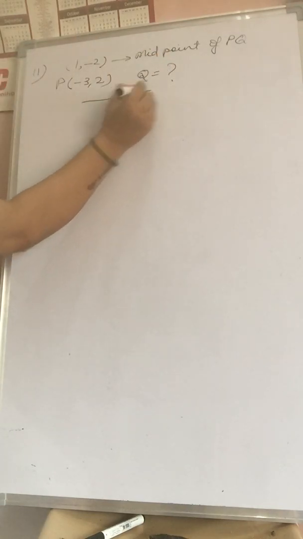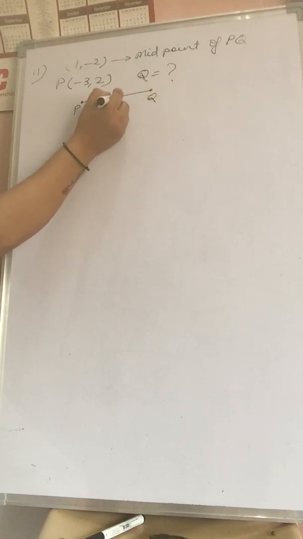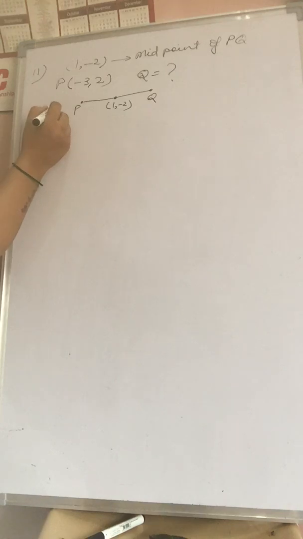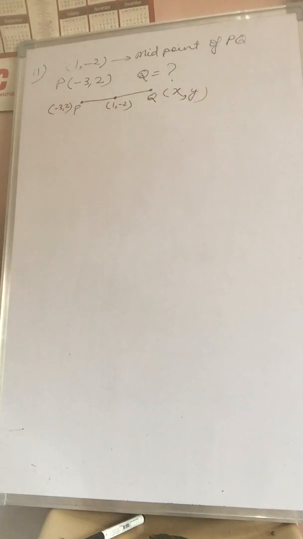We have a line PQ whose midpoint is 1, comma minus 2 and the coordinate of P is minus 3, comma 2. Let the coordinate of Q be x and y.